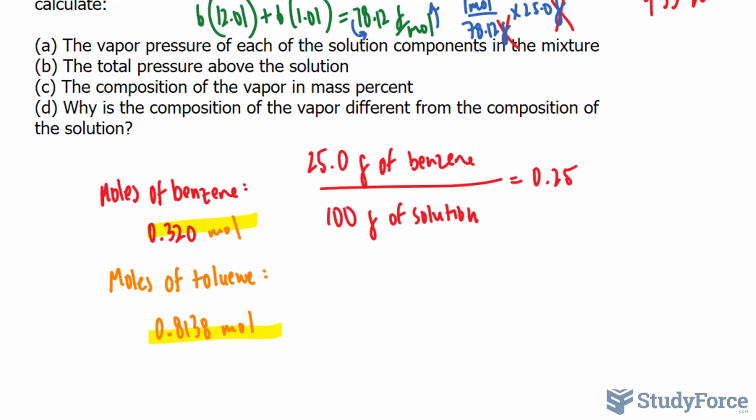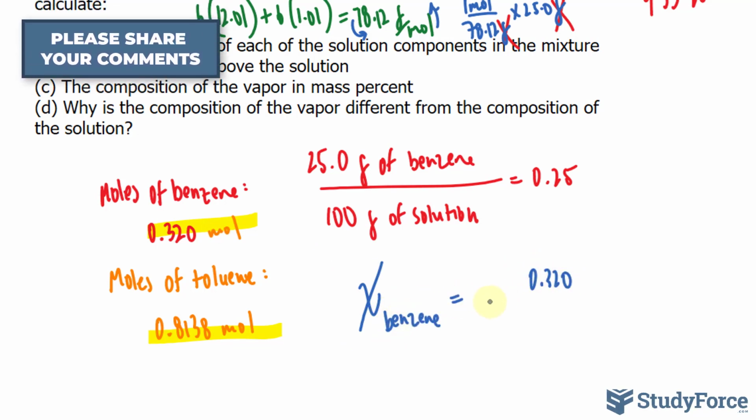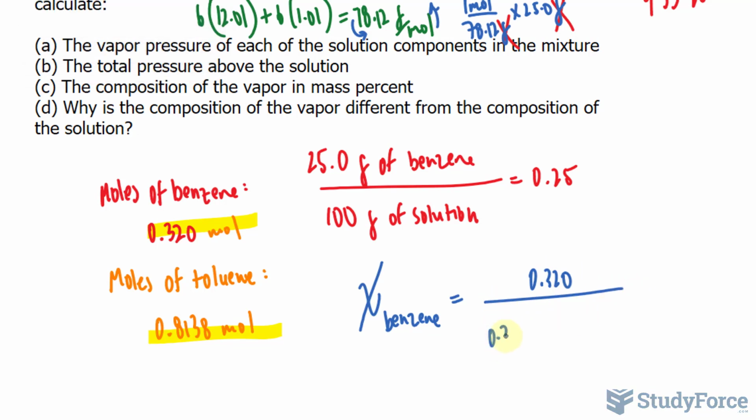We just found the moles of these two components, and using these we can actually find the mole fraction of one of them and then obtain the mole fraction of the other. Remember, the mole fraction, let's say of benzene, is the amount of moles of benzene, 0.320, divided by the sum of the moles of the solution, 0.320 plus 0.8138.